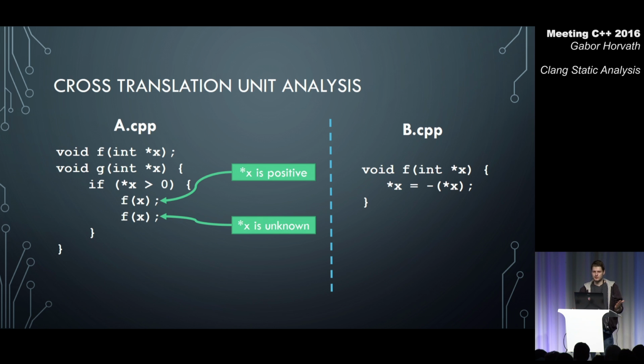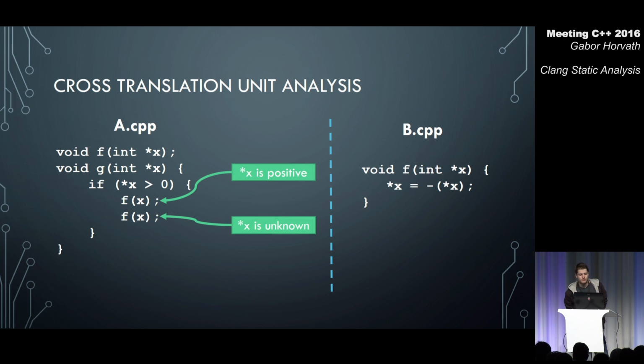It is also important to try to reason about the code across not just function boundaries, but also across translation unit boundaries. In this example, when we first call the function f, which is defined in a separate translation unit, we know that the value that was pointed to by the pointer x is positive because of the condition.